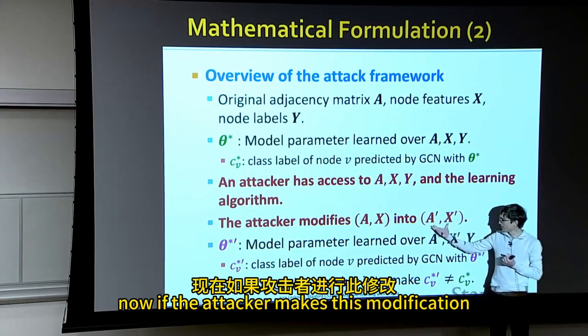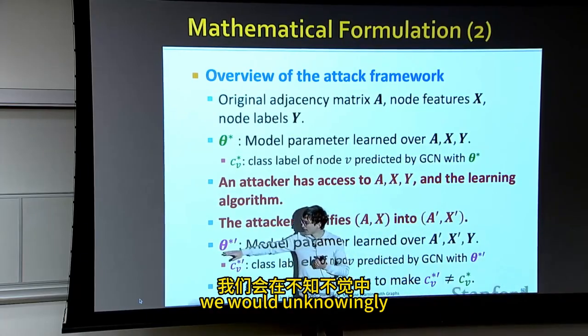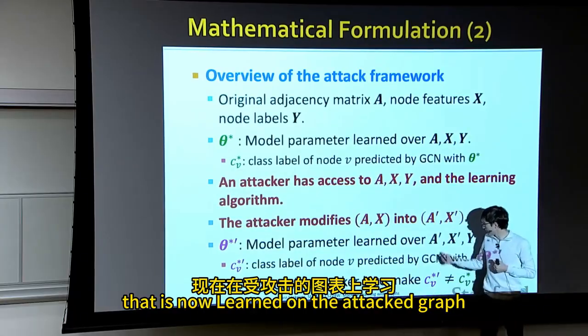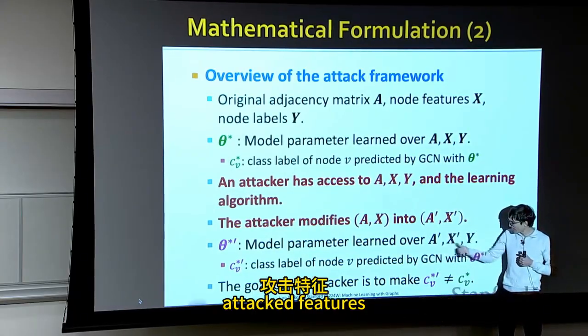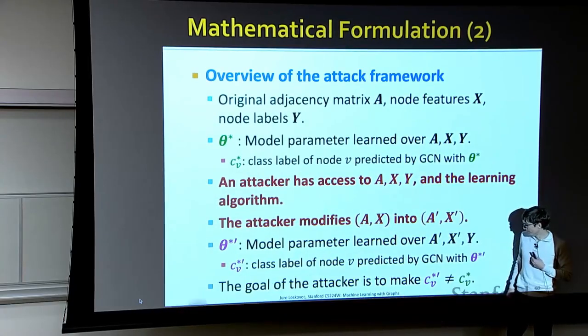Now if the attacker makes this modification, we would unknowingly learn a different model, a model theta star prime, that is now learned on the attacked graph, attacked features, but with still the original labels, right?